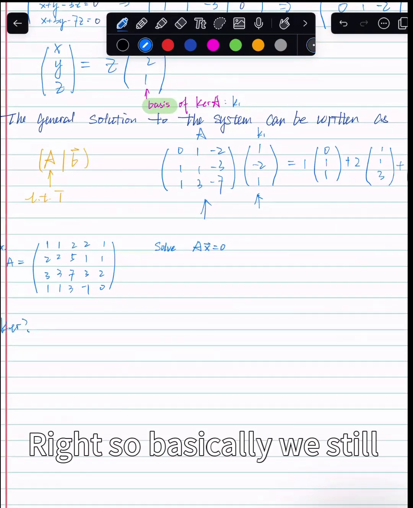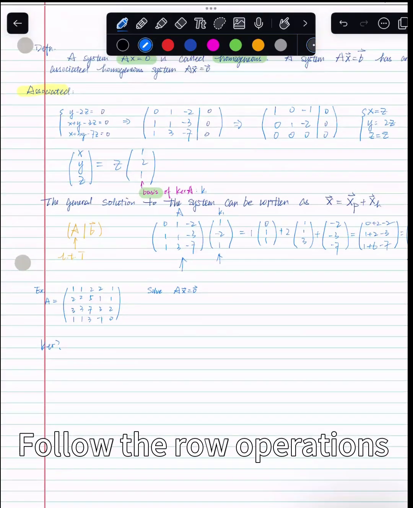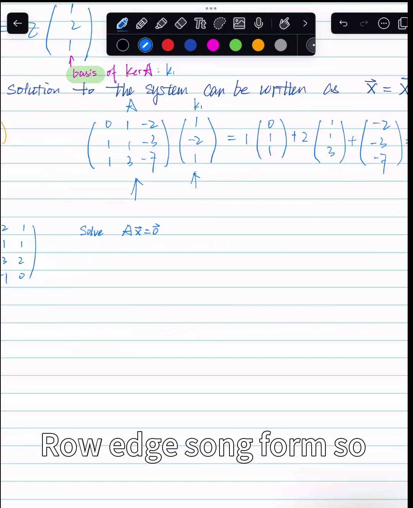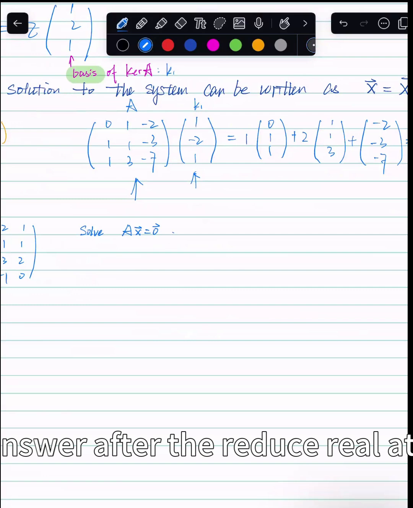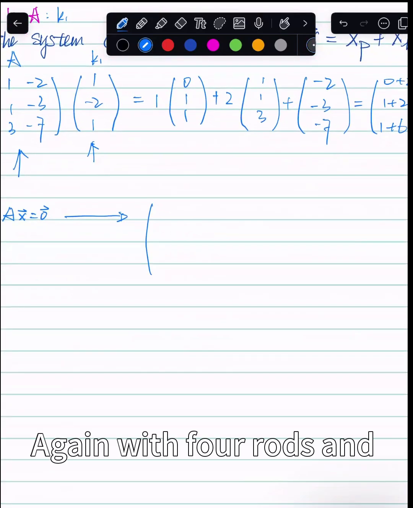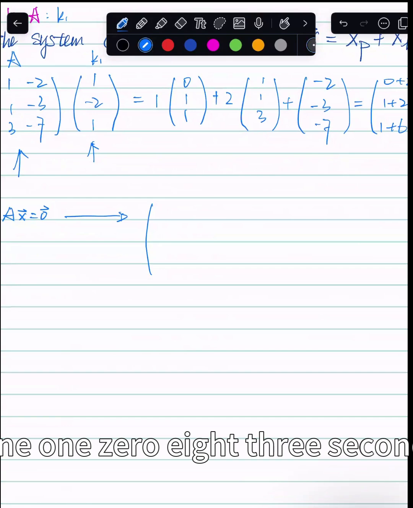Basically we still follow the row operations and do the reduced row echelon form. I'll just tell you the answer after the reduced row echelon form. We will get a matrix with 4 rows and 5 columns, with first row 1, 1, 0, 8, 3.